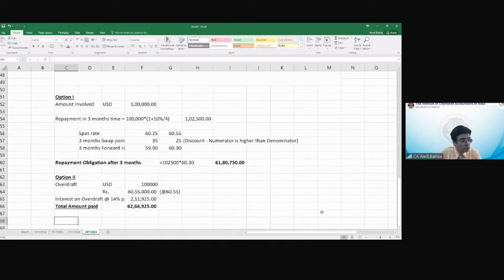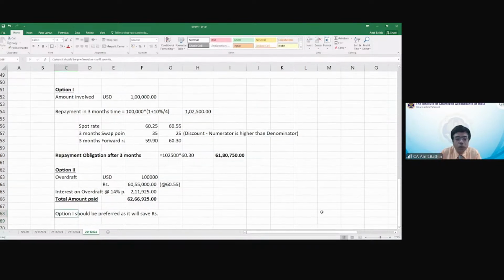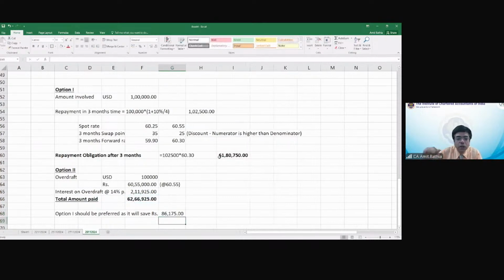Option 1. Yes. In that case, option 1 should be preferred as it will save rupees 62, 66, 925 minus 61, 80, 750, which is 86,175. Right?